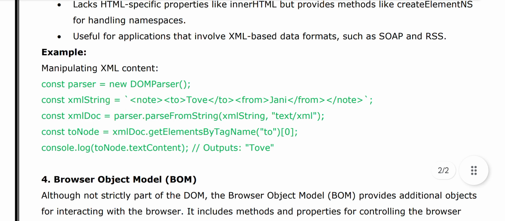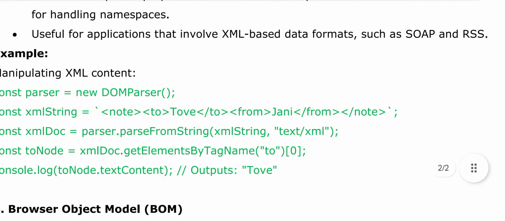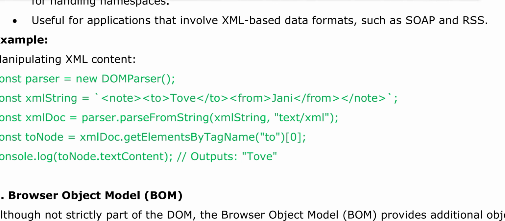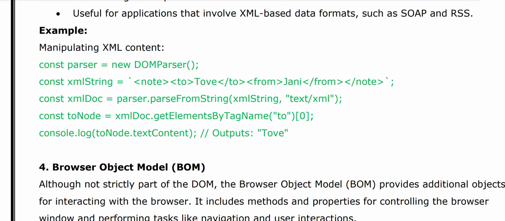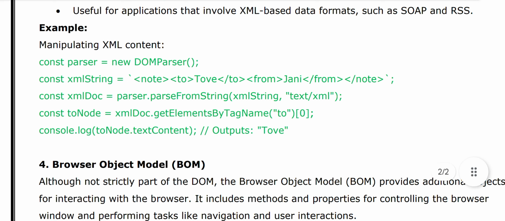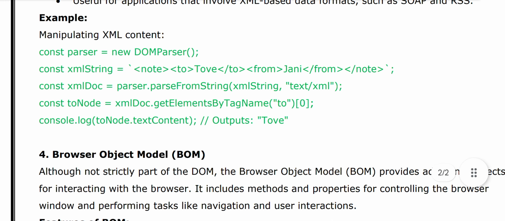These are also tags; here we have created our own tags. Here we create the note tag, then the to tag, then the from tag. Here the string is Tove and Jenny. Here we convert this to a document by using parser.parseFromString. Here we give the XML string, and we have to specify in which document type we have to convert this.